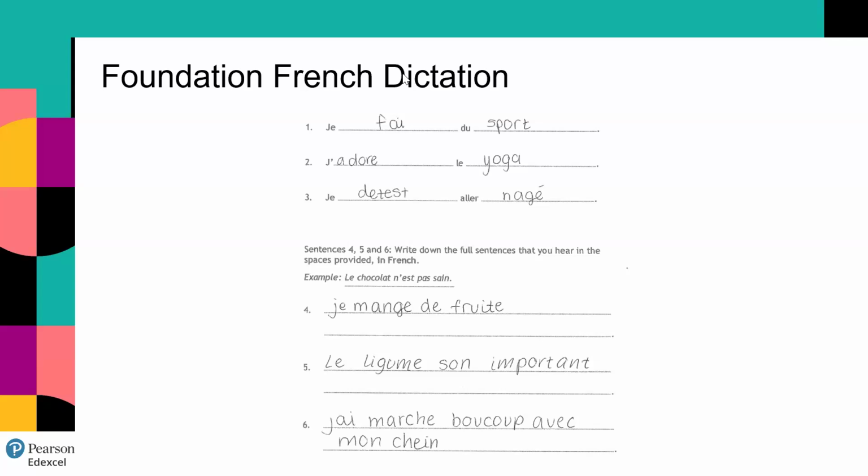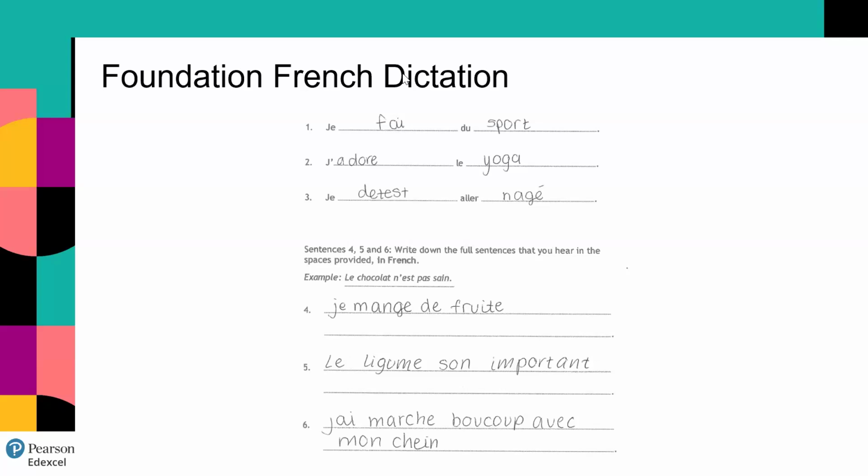Son, again here, son and son, that would be accepted because it's the same sound and there's a grammar mistake there. And then important, the sound is exactly the same, even though I haven't got the S there, okay? And then last one, it should be je, but they wrote J, so that's wrong. Marche is correct.